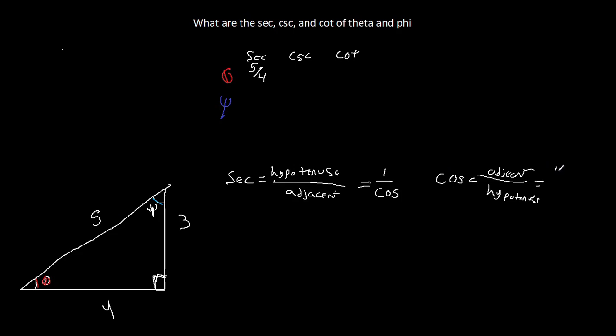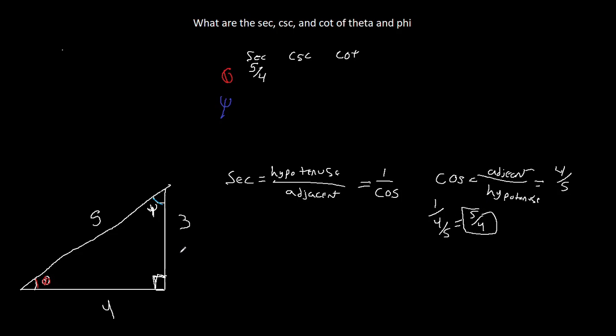So this is going to be 4/5. We know that the secant is equal to the inverse, so if we do 1 over 4/5, that is the same as saying 5/4, which is indeed the same answer. Right, so there's two ways we can calculate it. We can calculate it directly by remembering the definition, or we can remember SOHCAHTOA and then remember to just flip it to get the secant. Hopefully that makes sense.